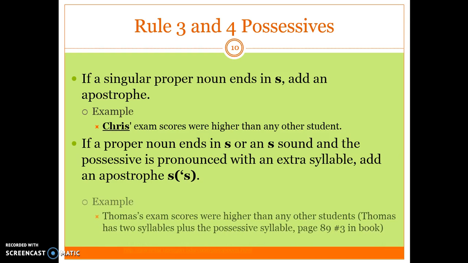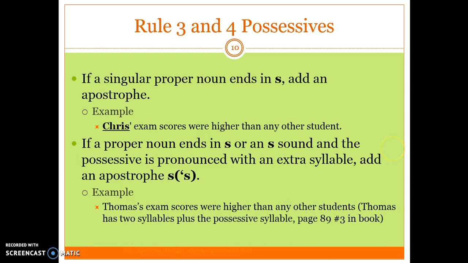This is an example I'm giving you. Thomas is singular. Thomas's, meaning to show possession, I have to enunciate another syllable. So Thomas's exam scores were higher than any other students'. Thomas has two syllables plus the possessive. And if you have any doubt as to what I'm referring to, look at page 89 and under number 3 in your book.